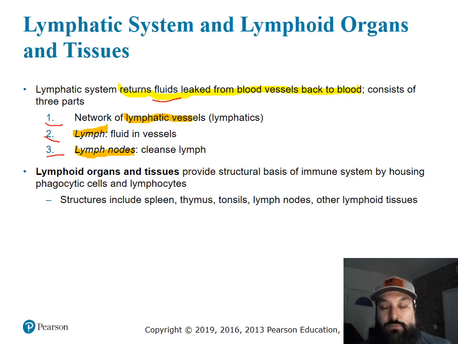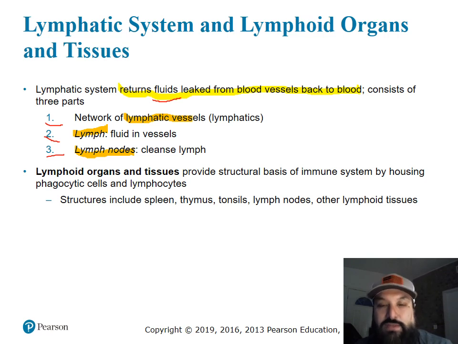Cleanse the lymph of what? We've got several different things that can go into lymph, but one being, of course, the lymph fluid. And of course, we've got the lymphoid organs and tissues.